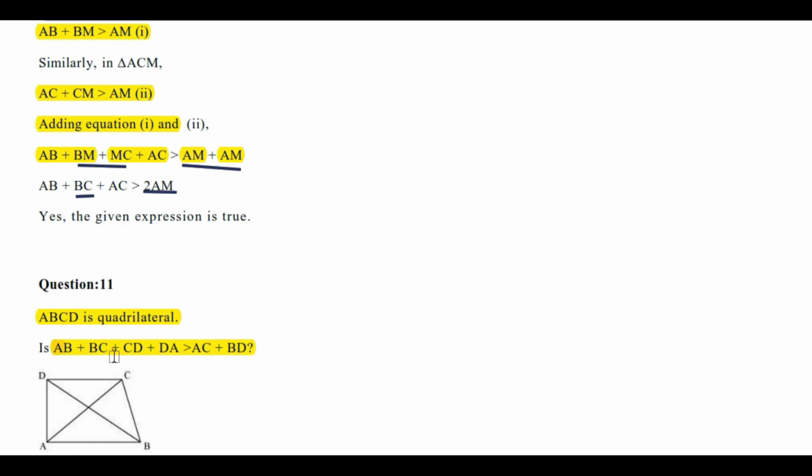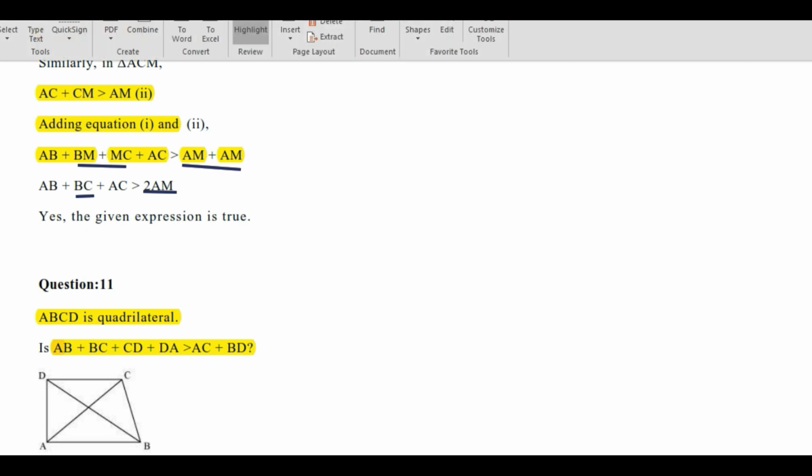AB plus BC plus CD plus DA are the sides of a quadrilateral. Quadrilaterals are polygons which contain four sides. Whereas AC and BD are the diagonals of the quadrilateral.